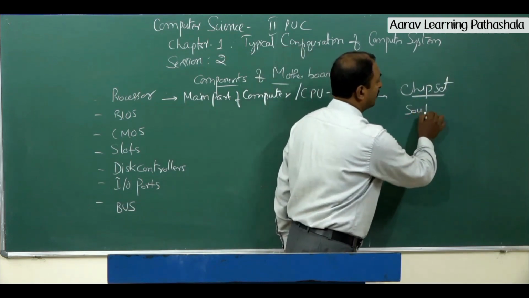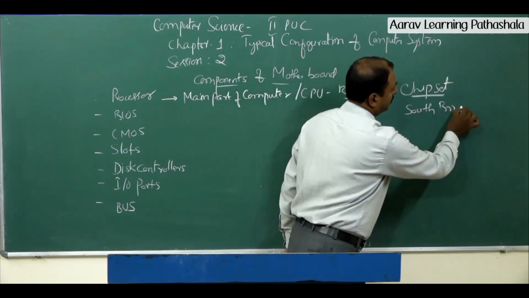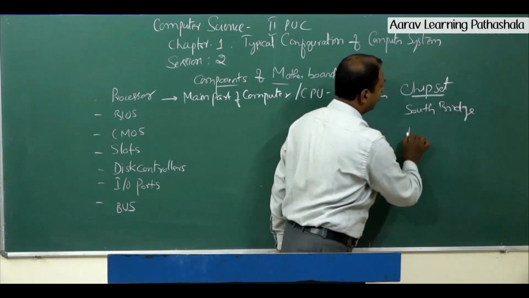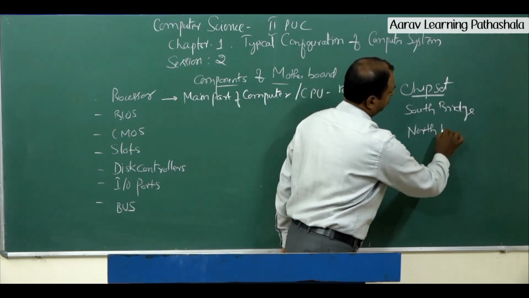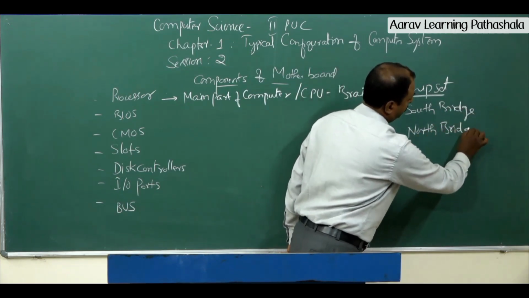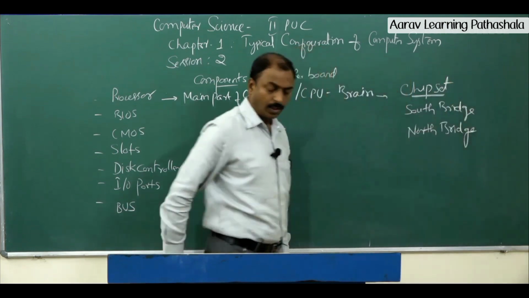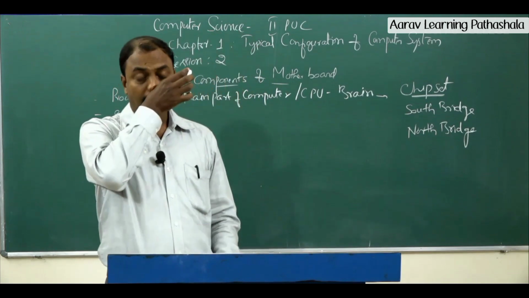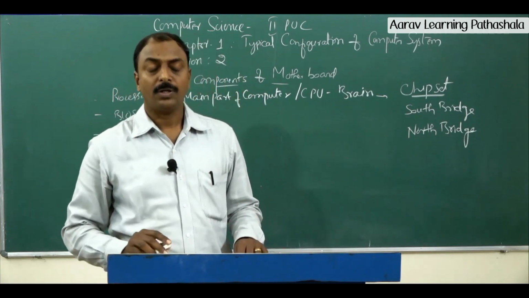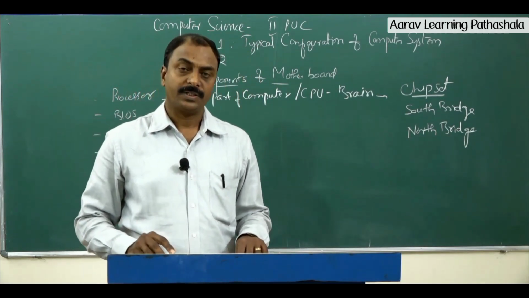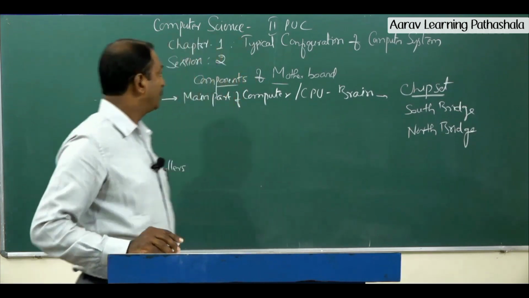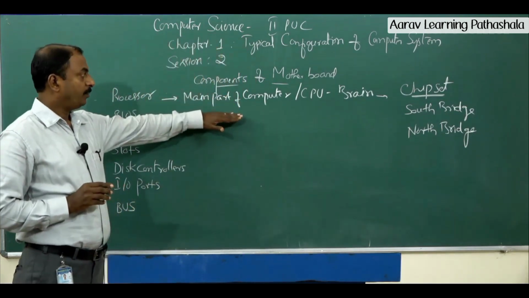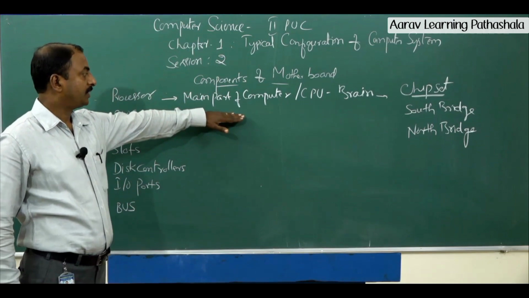One is called the south bridge and the other the north bridge. These two are supporting chips, which help the processor communicate between different devices on the motherboard. So this is the processor, the main part of your computer system.